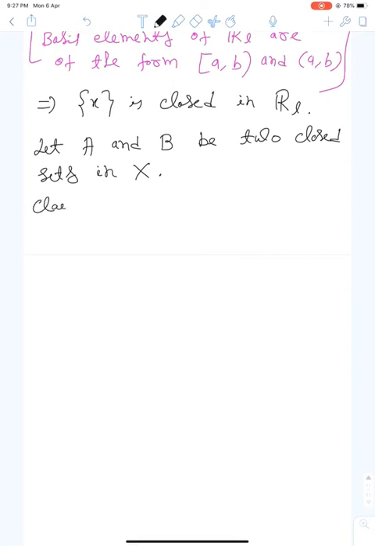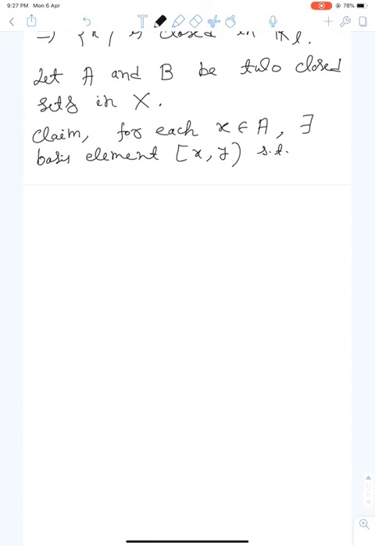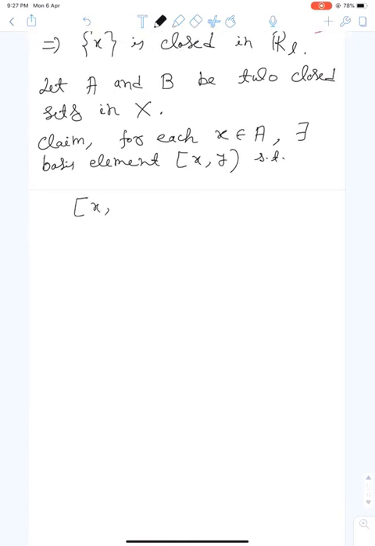Now claim: for each x in A there exists a basis element, say [x, y), such that [x, y) intersect B is empty.